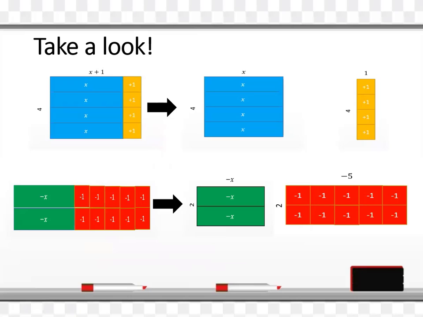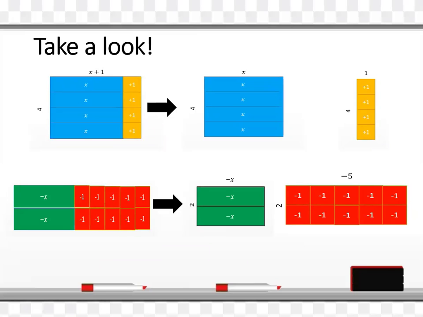Now you might be thinking, hey, isn't this the same distributive property that we learned in arithmetic? Well, guess what? It is. We essentially distributed the 4 to get 4 times x and 4 times 1.